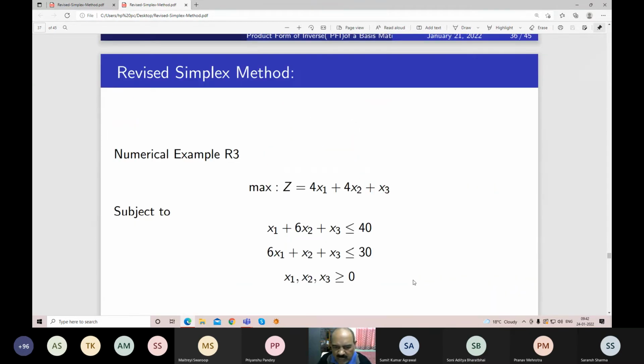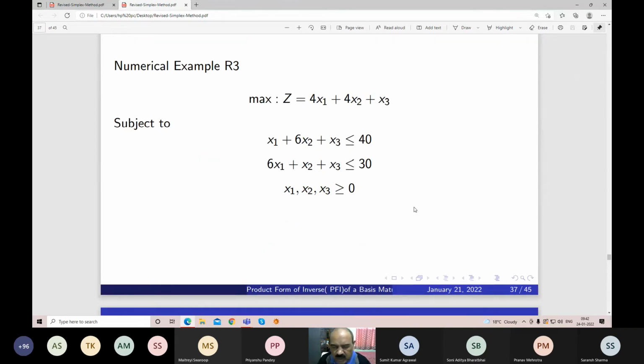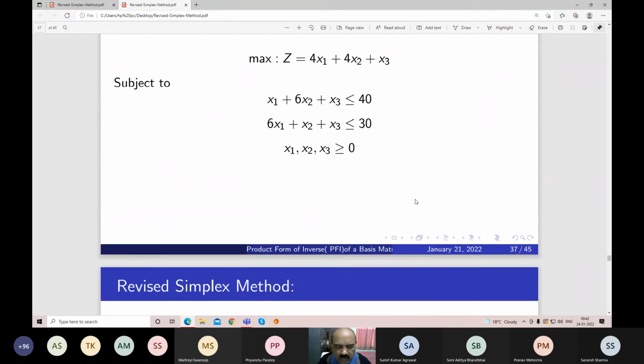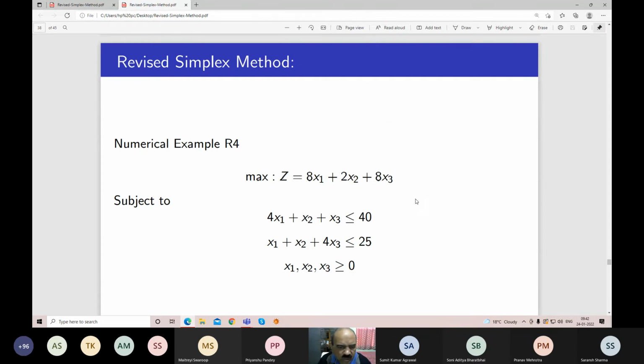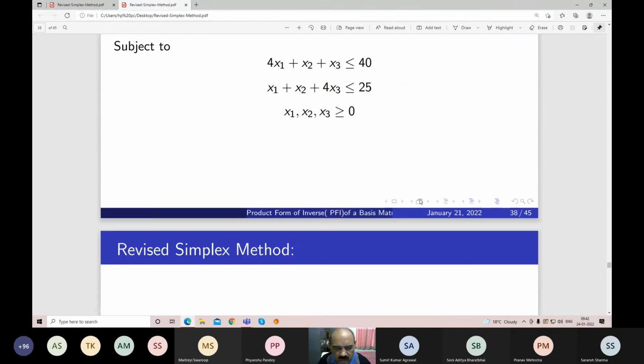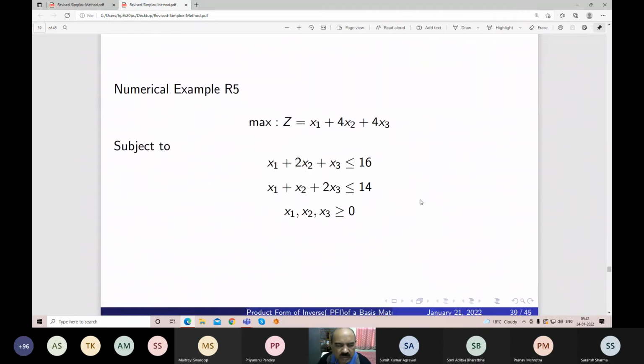R2, then R3, are two-variable problems with two constraints, so you will have a basis matrix of size 2 by 2. The fourth and fifth are also size 2 by 2, and the sixth I'm again keeping 2 by 2.